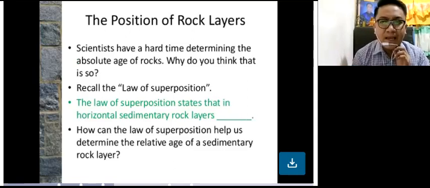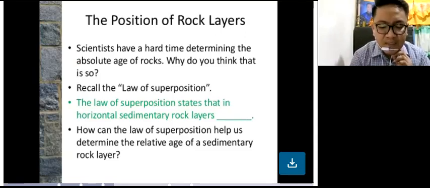And then the youngest rocks or the youngest layers po that we have is nasa ibabaw po siya. Pero when we talk about the law of superposition, it states that each layer of sediments is laid on top of another layer, making the one on top of the strata, yun nga po, tinatawag natin stratified, the youngest one, while the layer at the bottom of the strata is the oldest.